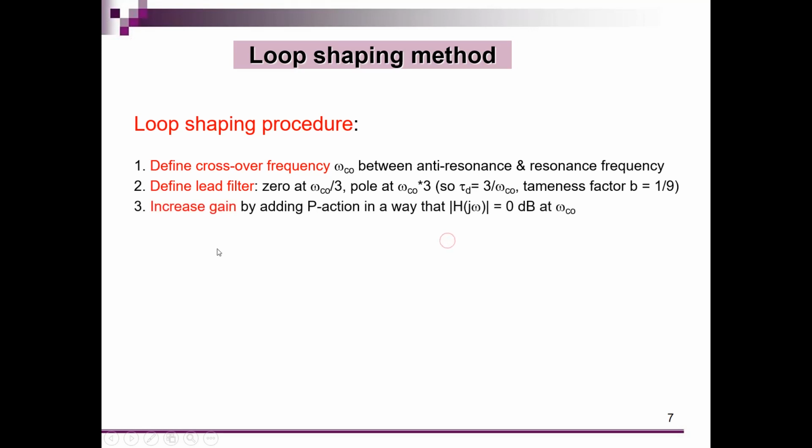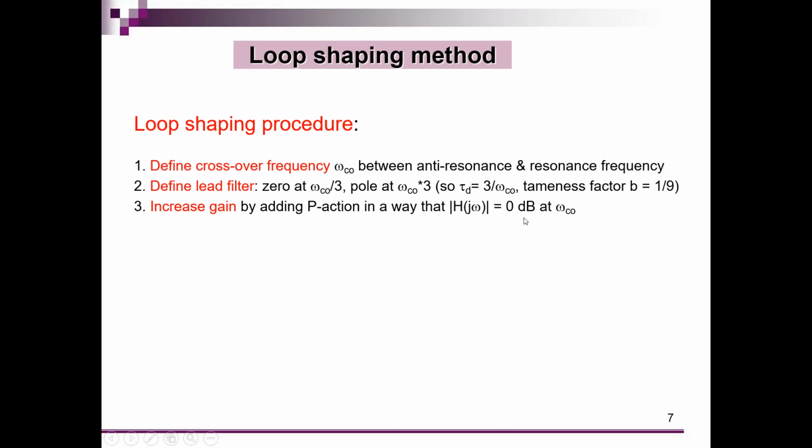And when we have done that, we increase the gain by increasing the P action of my controller in a way that we have at the crossover frequency an open loop amplitude of 1, which is equal to 0 dB. And then we are ready.